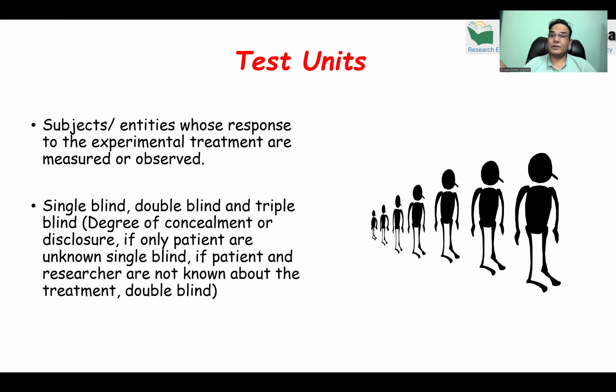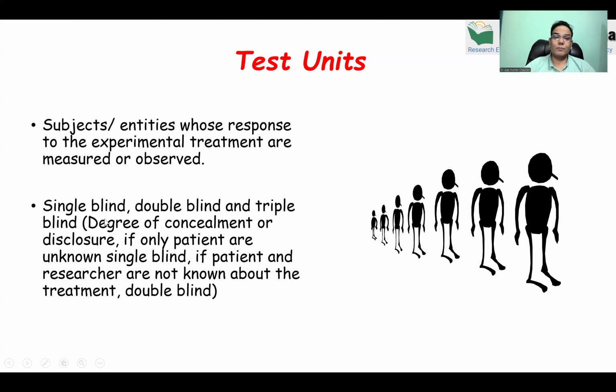Units must be selected randomly so that initially the experimental group and control group should be the same. Number two, balancing. Balancing means the number of test units in both the groups should be similar, not equal, maybe similar: 40, 50, 45, 55, like that. So they must be similar.